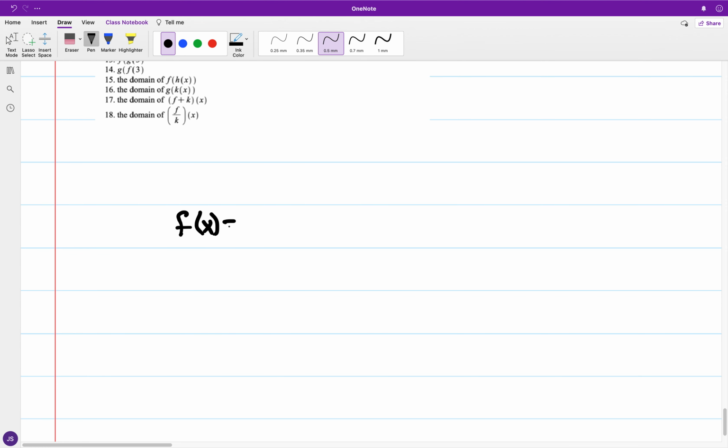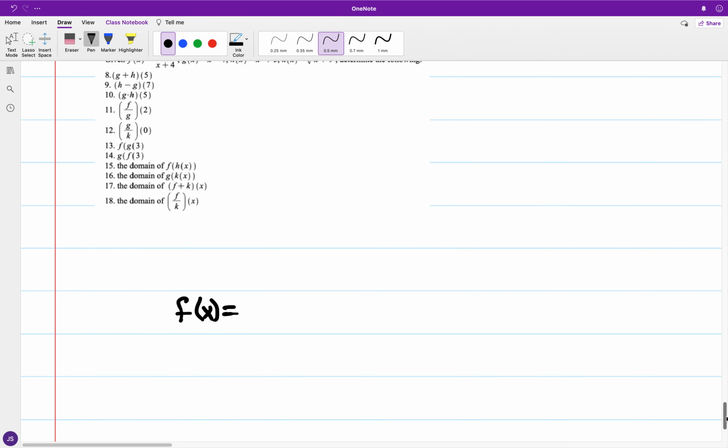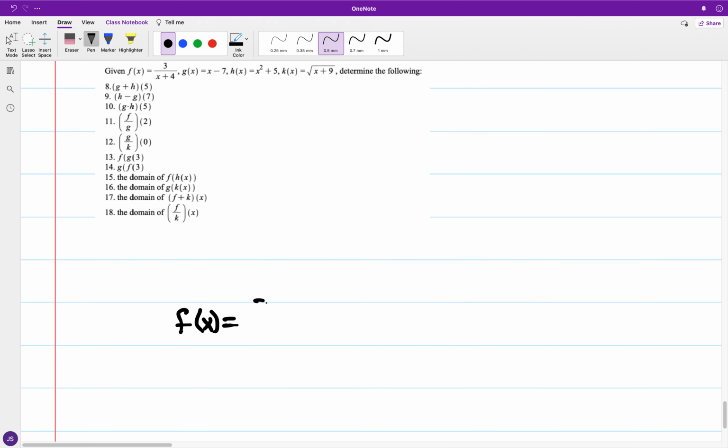so you have for f of x, again, 3 over x plus 4. And k of x is the square root of x plus 9. Now for f of x and k of x, the restriction is that x cannot be negative 4.